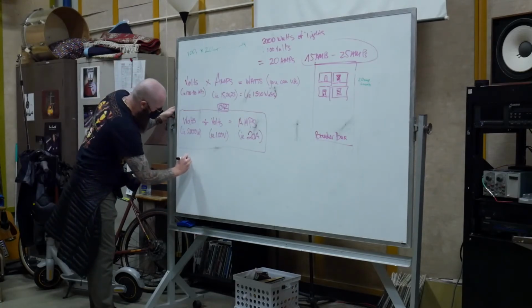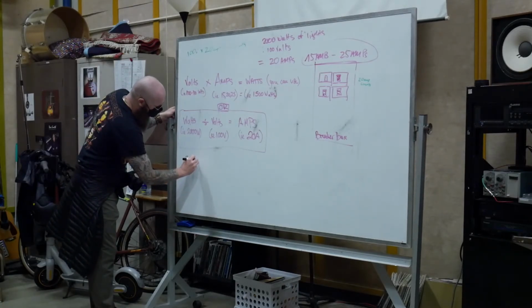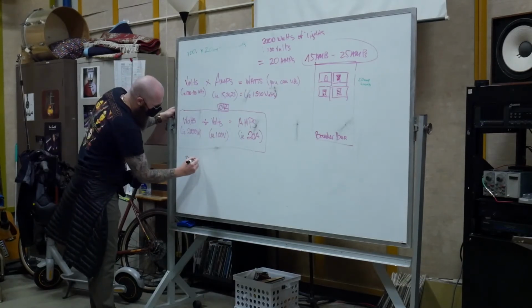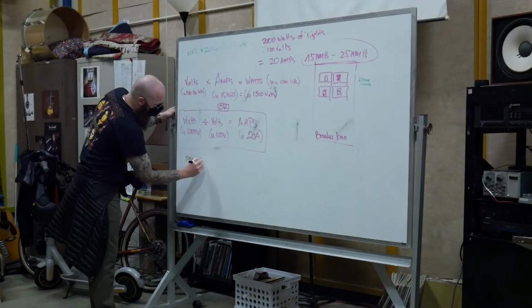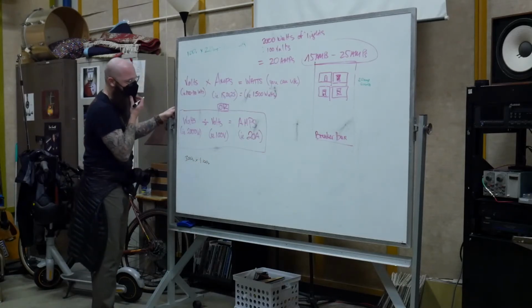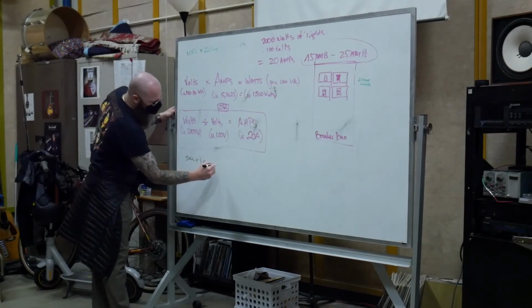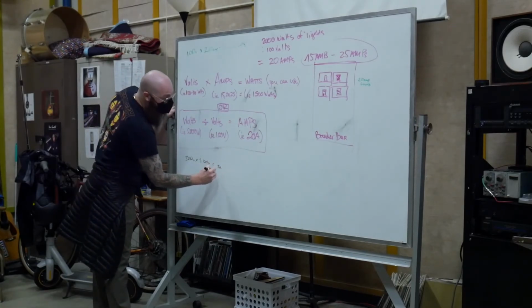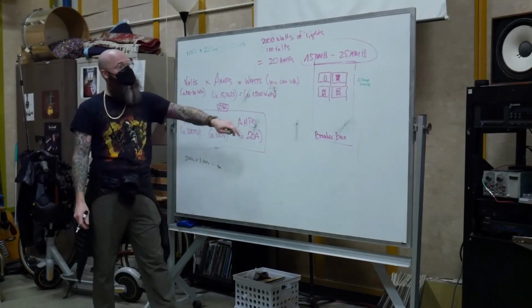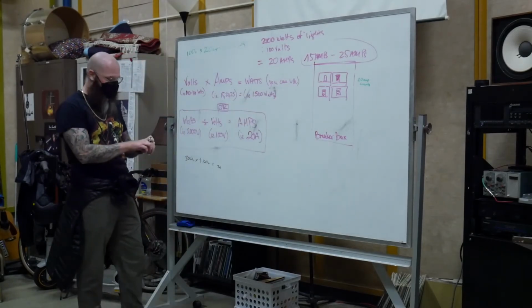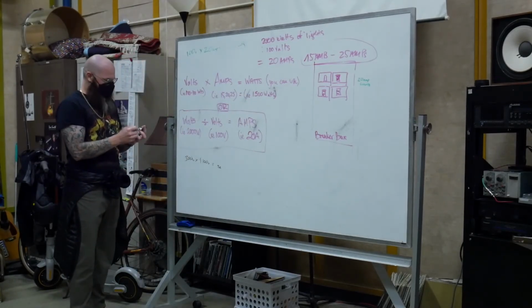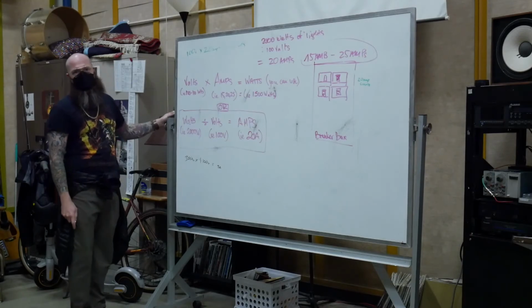So 300 watts divided by our voltage coming out of the wall, which is constant AC power, will equal 3 amps. So we're only putting a 3 amp load on our circuit, which still leaves us 17 amps of headroom. So that's the way to calculate how much power is available.